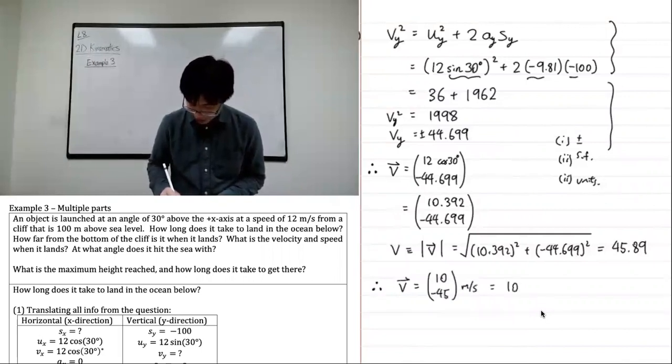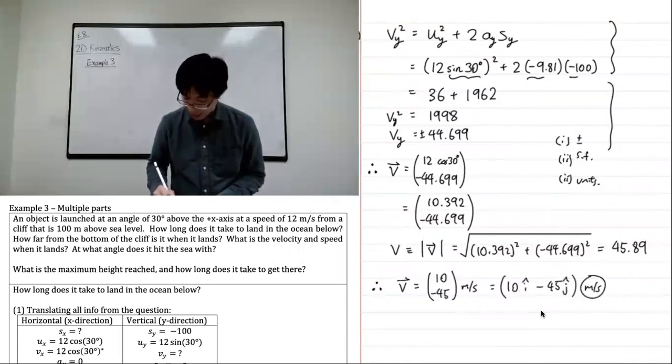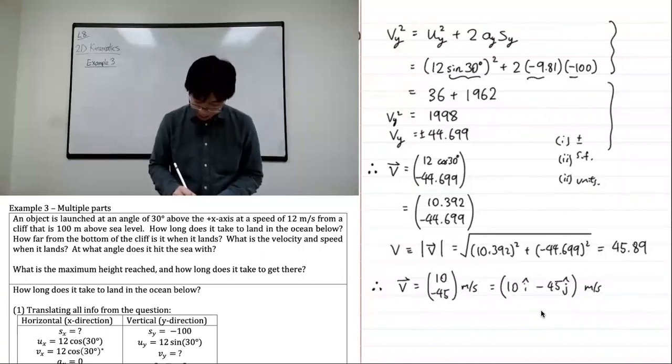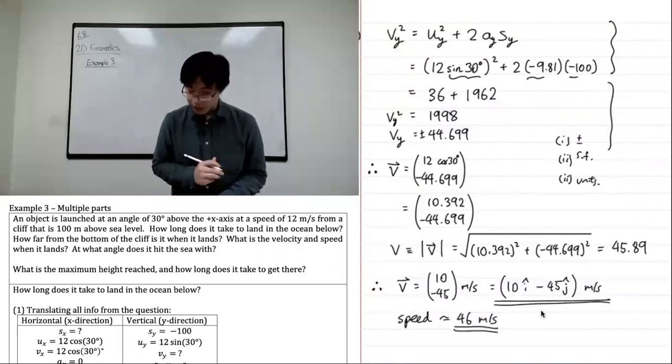If you like, you can write it in IJK format. 10I minus 45J meters per second. You can put the meter per second outside, you can put it inside. So you can put it here or you can put it here. That's all fine. Okay, and the speed is roughly, again, let's round that to 46 meters per second. Okay, and you can underline your answers.